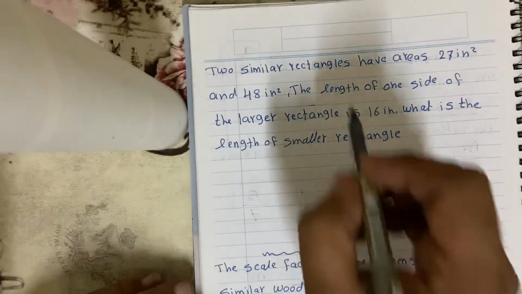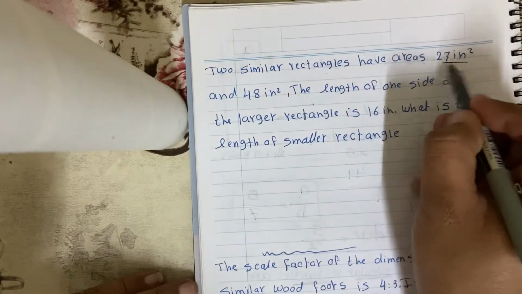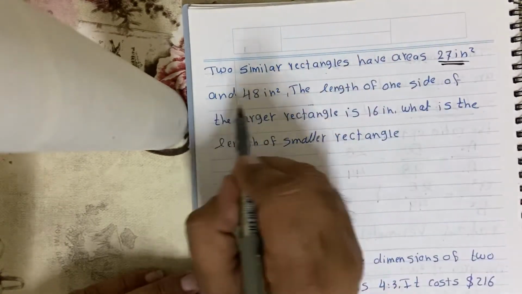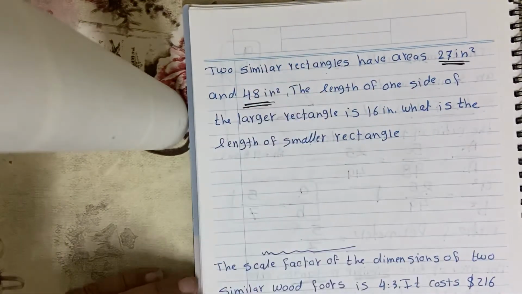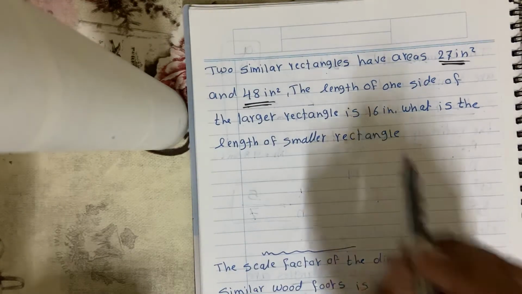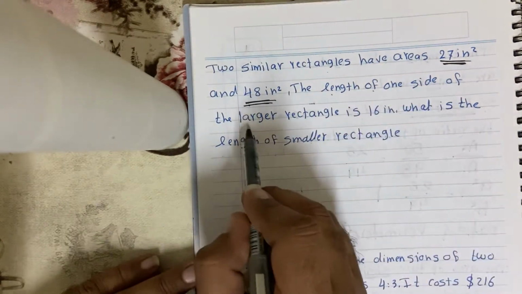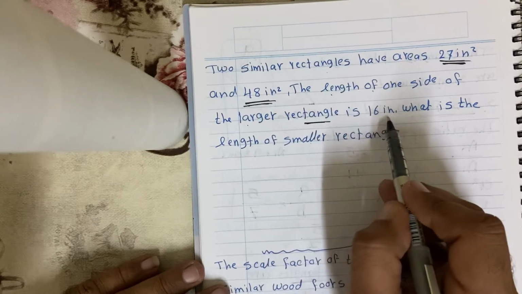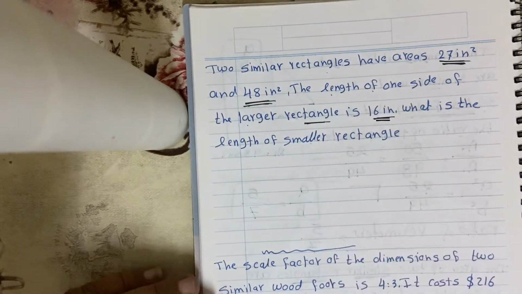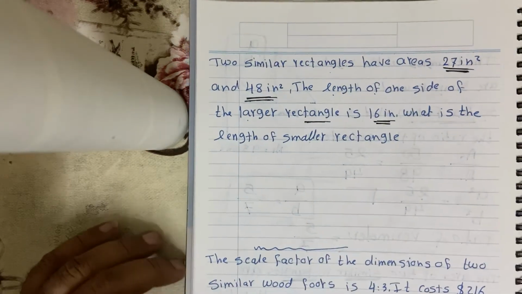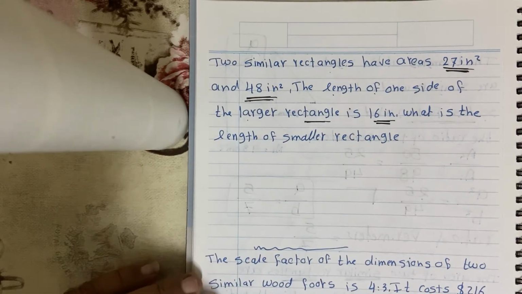Two similar rectangles have areas 27 and 48 inches square. The length of one side of the larger rectangle is 16 inches. What is the length of the smaller rectangle?